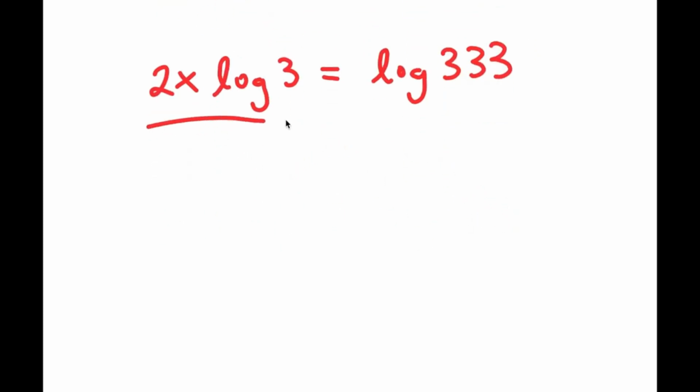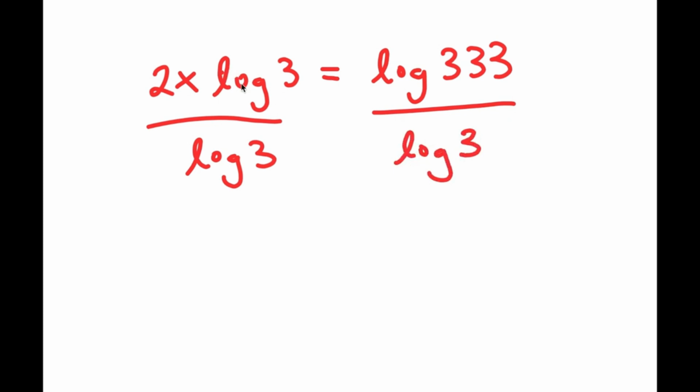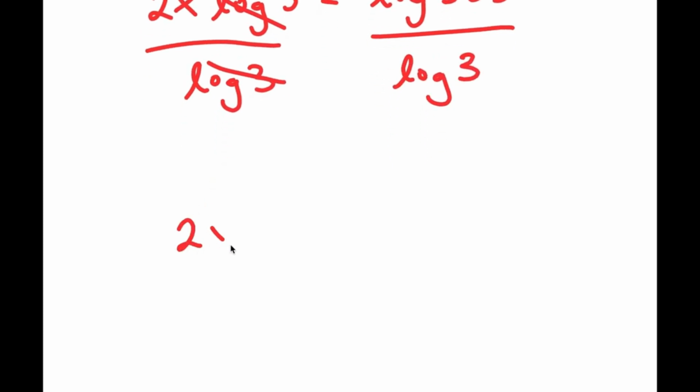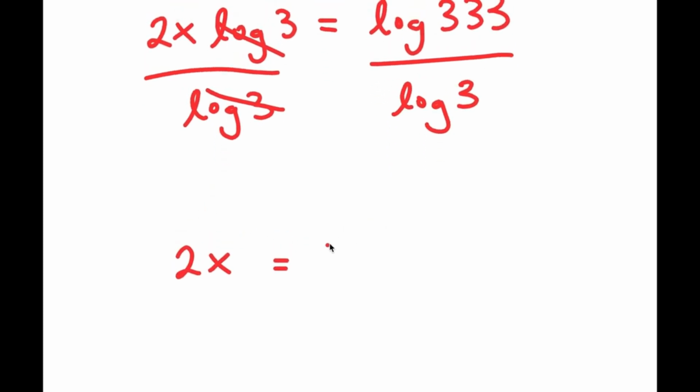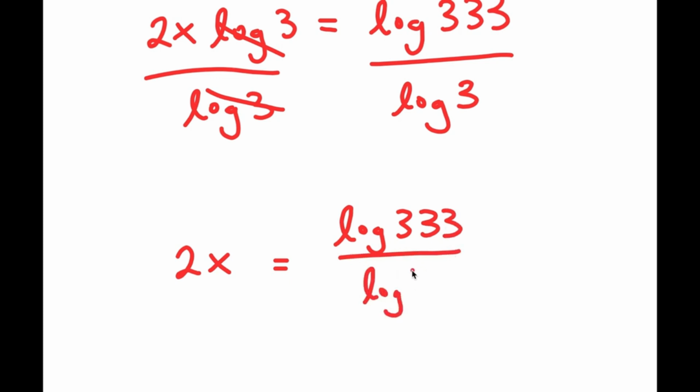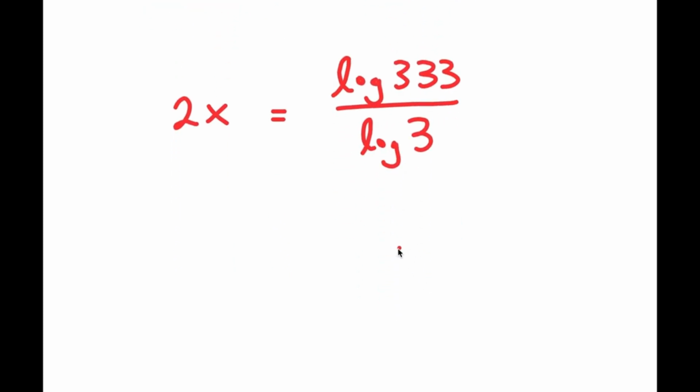And now I'm going to divide both sides by log 3. So I get 2x is equal to log 333 over log 3. Now I'm going to rewrite log 333 as log of 3 times 111.